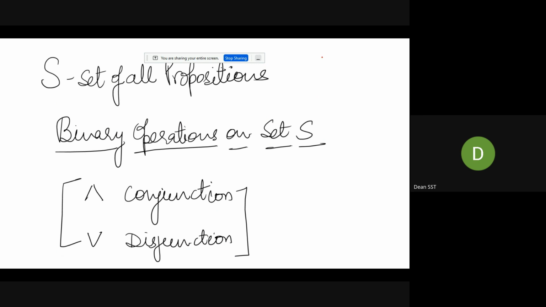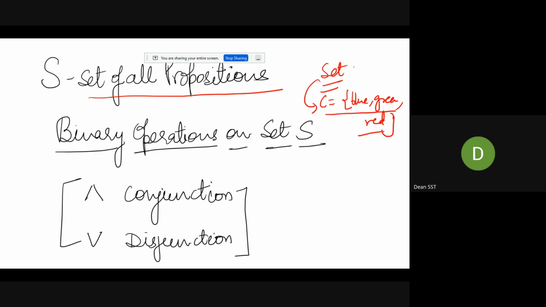How are we representing propositions? We have a set of propositions, like we can say a set of colors. C is a set of colors; colors may be blue, green, red. This is the way we represent a set. In a similar way, we can represent a set of propositions using capital S. So here S is a set of propositions.